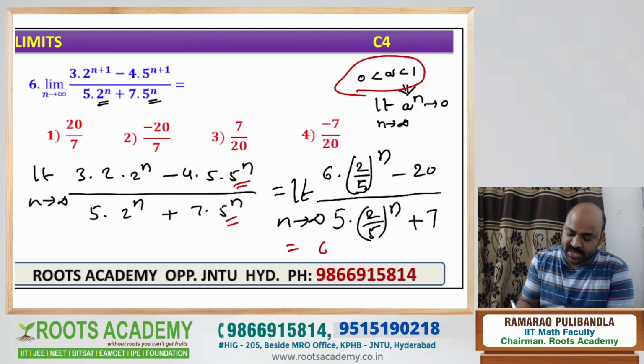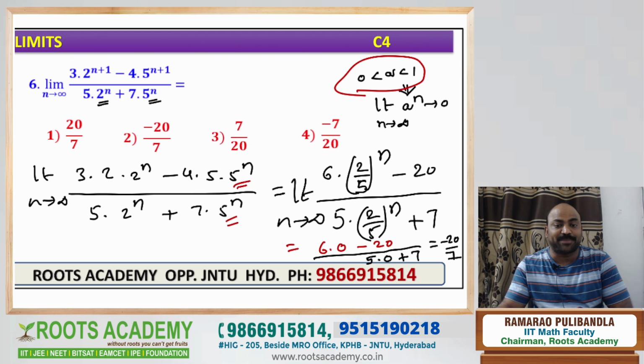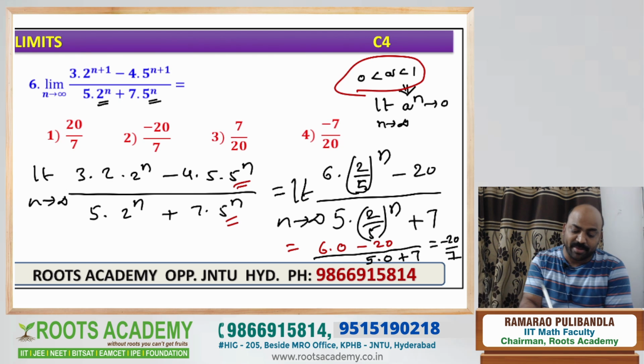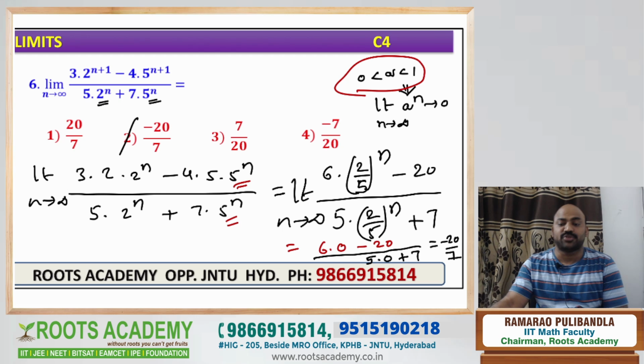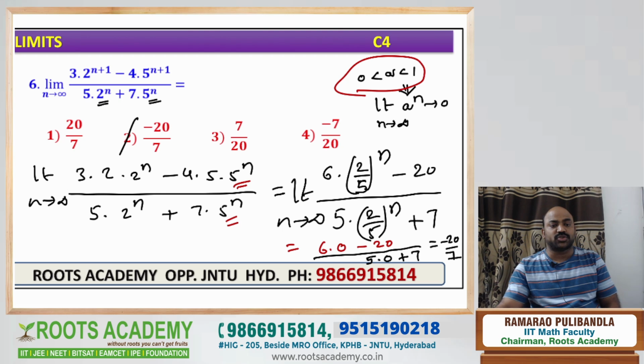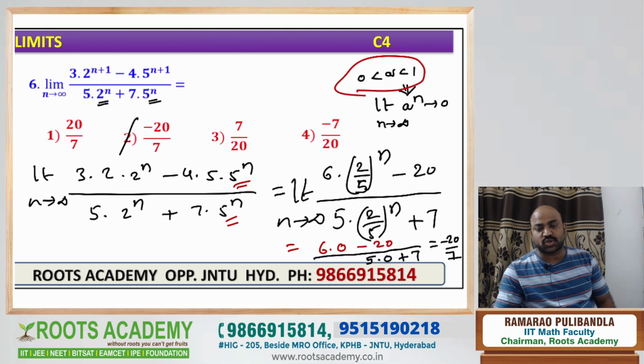So this is 6 into 0 minus 20, by 5 into 0 plus 7. That is nothing but minus 20 by 7. Do you have an option for this? Minus 20 by 7. That is option 2. I think everyone is getting what I am saying, dear students.